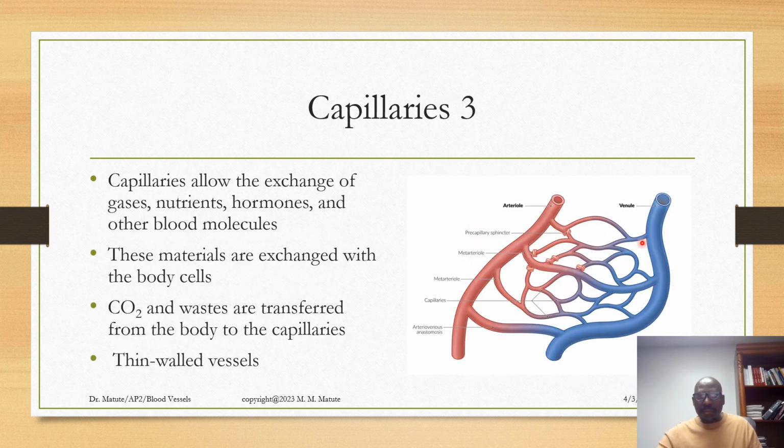So this portion will have waste products, carbon dioxide. This portion here is going to have oxygen and nutrients and possibly hormones and maybe white blood cells that are transported throughout the body.